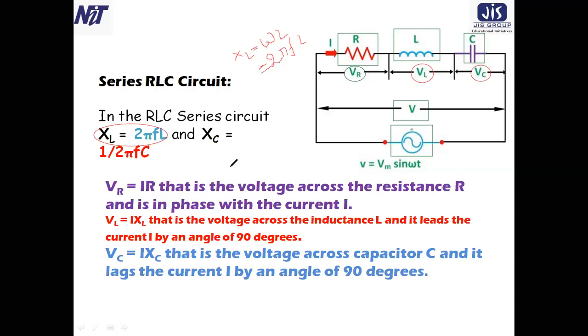You all know that XC is 1 by omega C. I already talked on this topic in my first few lectures of this chapter. Omega is the same 2 pi f, and C. So this part is written here: XC equals 1 by 2 pi f C. Is it clear now? Yes, I think it's clear to all of you right now.